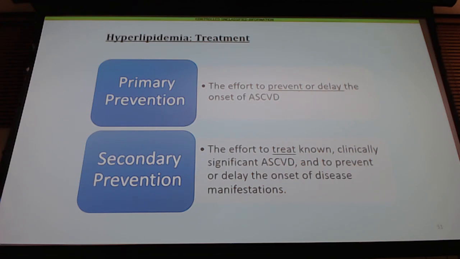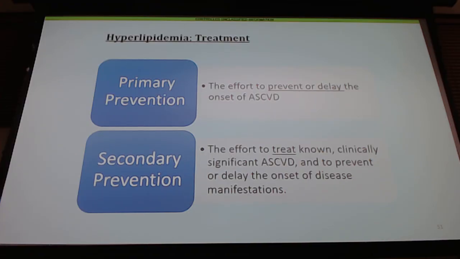So this is somebody who has not had a heart attack, has not had a stroke, and has not had any symptoms related to peripheral arterial disease, okay? So this group of patients I'm going to treat differently when I look at my algorithm, because I'm trying to prevent them from having that event in the first place.